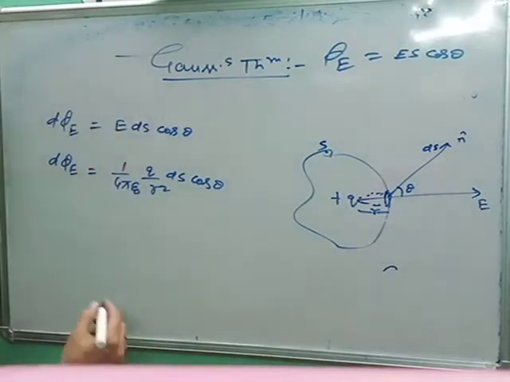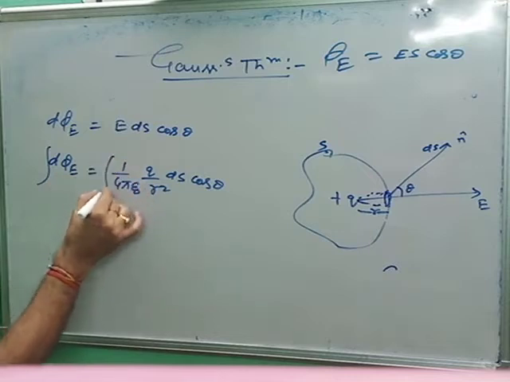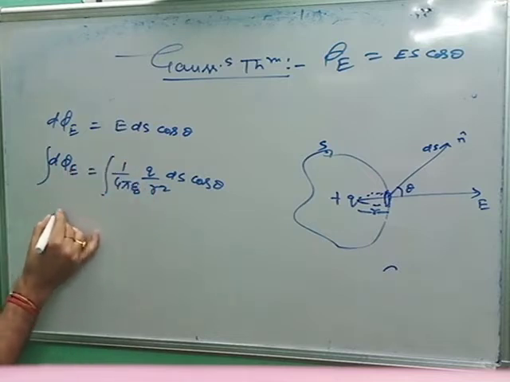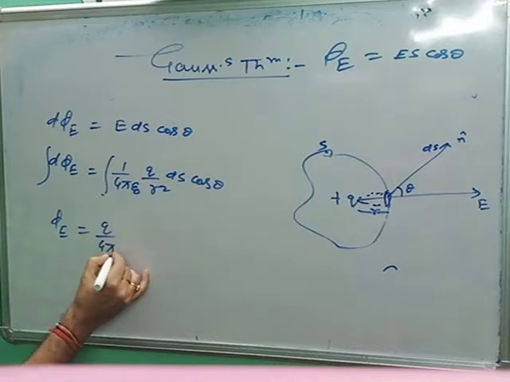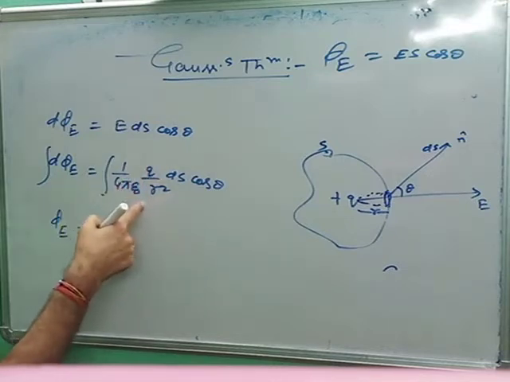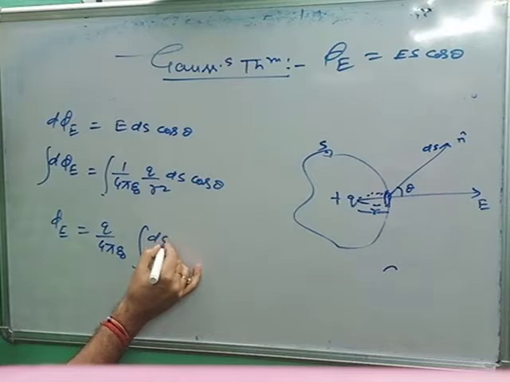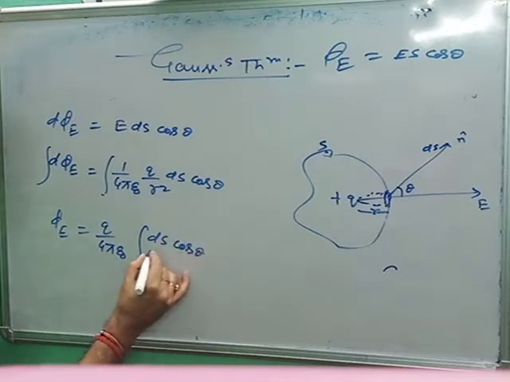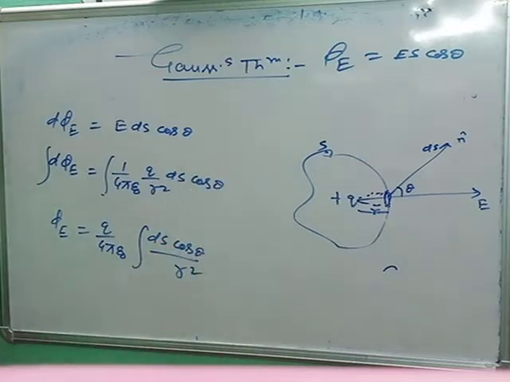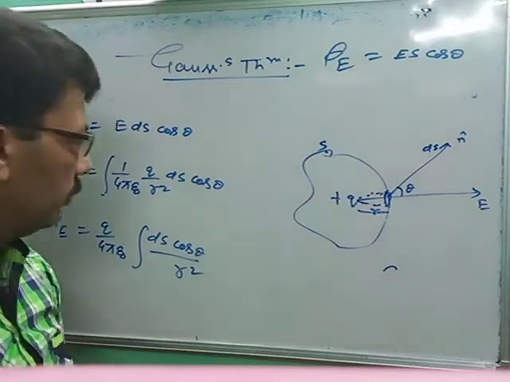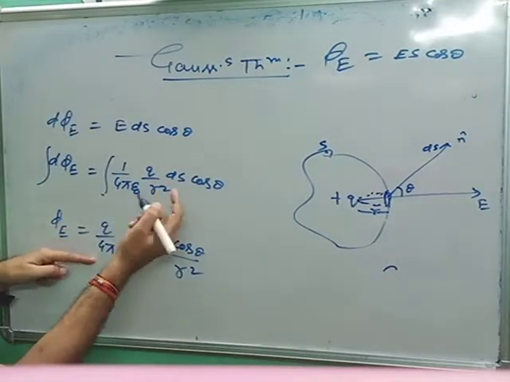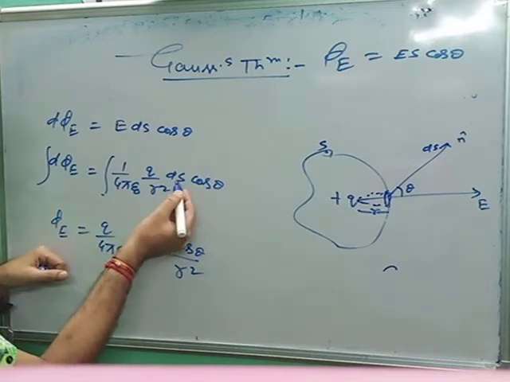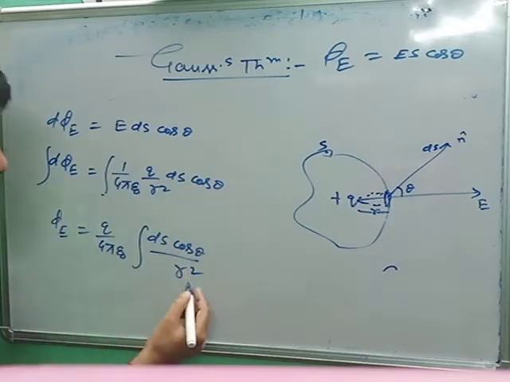Integrating both sides, the integration of d phi E will be phi E equal to q upon 4 pi epsilon naught, and inside will be ds cos theta upon r square. Note down the point: q upon 4 pi epsilon naught will be outside the integration sign, and inside it will be ds cos theta upon r square.